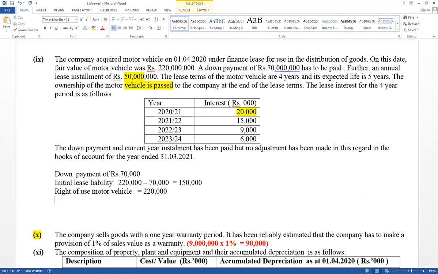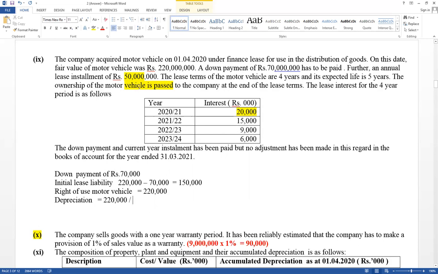Then you have to calculate depreciation also. How to calculate? Cost value equals 220,000, think values in 1,000, divided by... Ownership of the asset is passed to the company at the end of the lease period. Therefore, you have to use the useful lifetime.